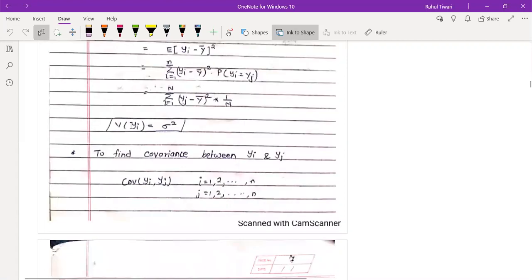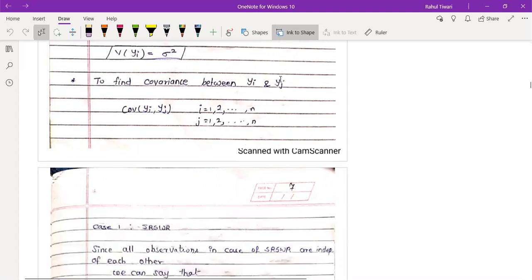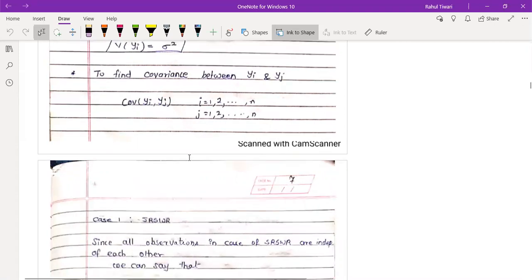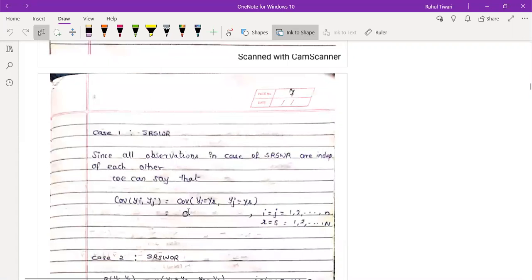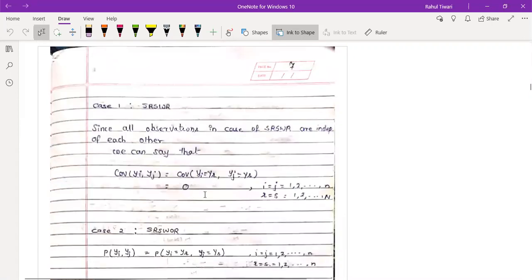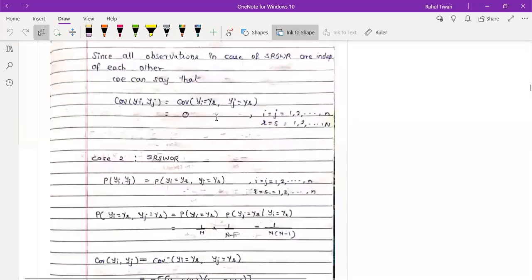Once we have that particular unit drawn, we are interested in obtaining some characteristics: mean, variance, correlation, covariance are all characteristics of that variable. Then under WR, we have shown that it is 0, because observations are independent of each other.